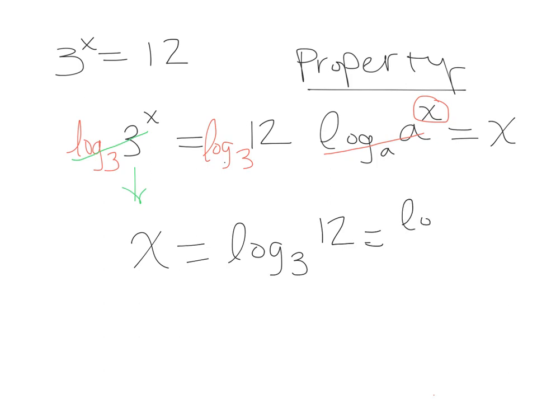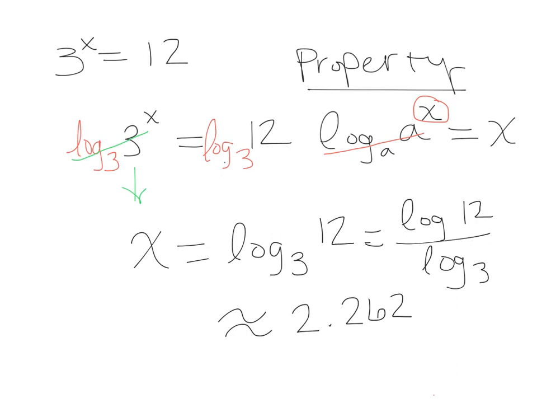So this one requires us to use the change of base theorem, and we're going to say log 12 divided by log 3. Then approximately on a calculator, you would get something in the ballpark of 2.262. And this right here would be your answer.